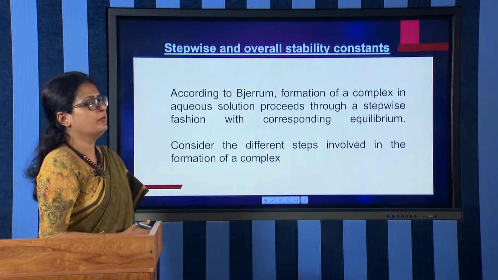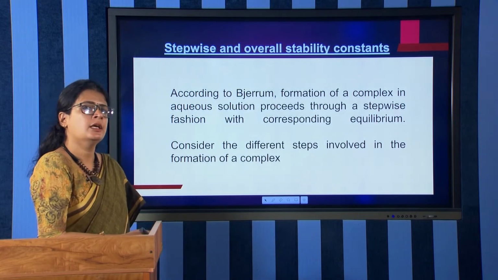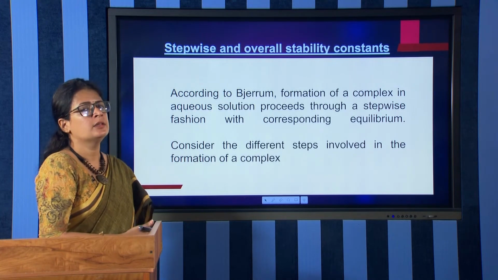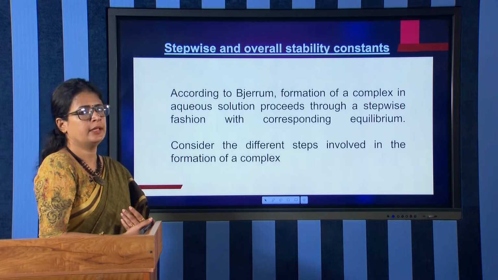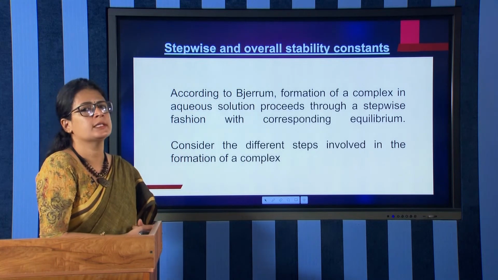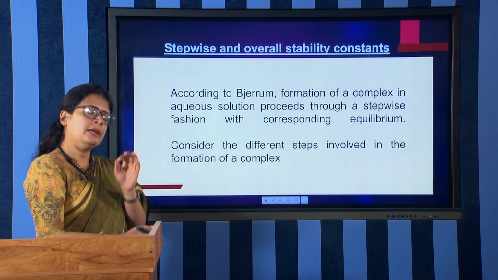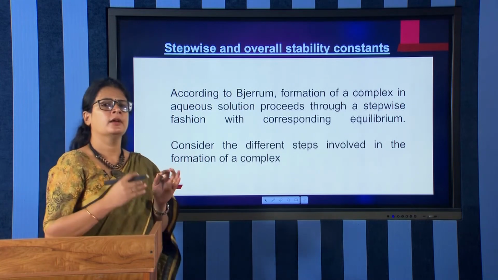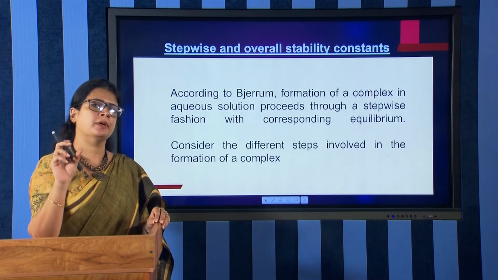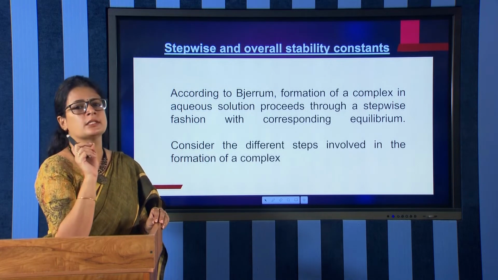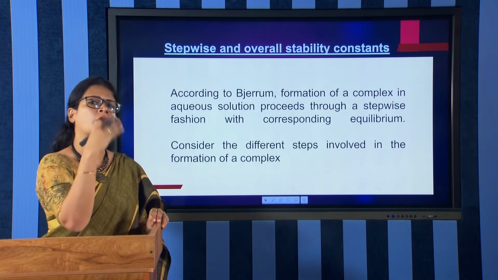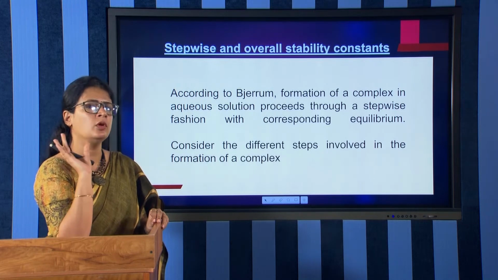And now, we have to consider two types of stability constants while studying the stability of complexes. They are the stepwise stability constant and the overall stability constant. From the name itself, the first is connected to each step, the stability constant of each step, and the overall stability constant is the stability constant of the overall reaction.